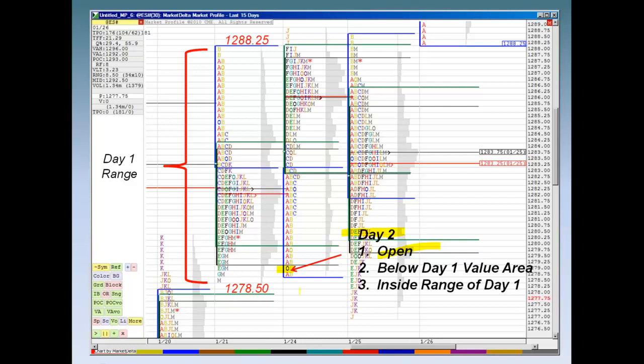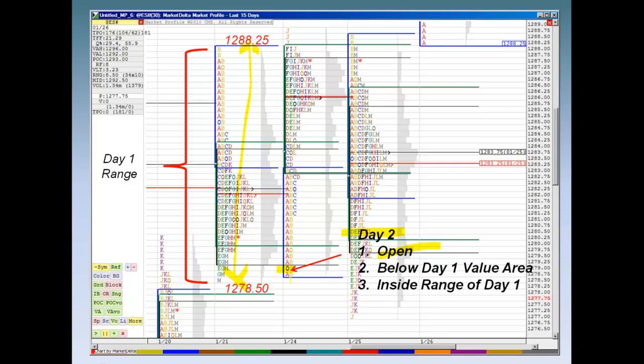And the answer is, of course, we're opening inside the range of the prior day. I still have the range on the chart here, and it's very easy for us to see that we did in fact open inside that range. However, we are on the low end of that range.